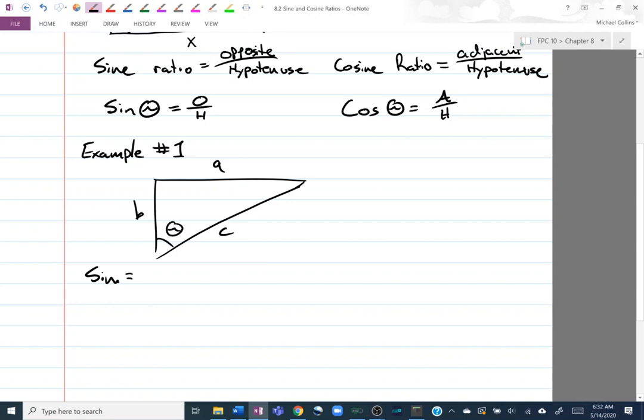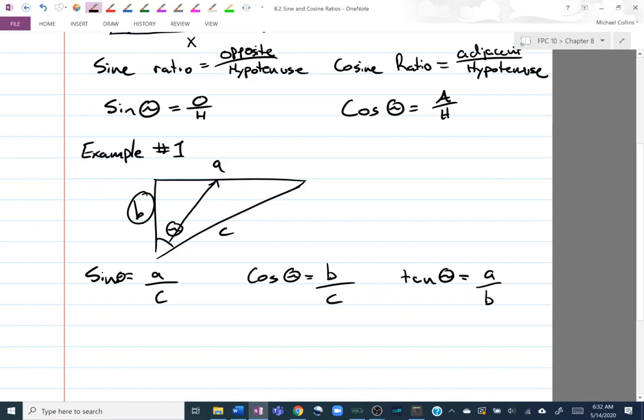My sine ratio would then be opposite over hypotenuse. I've got my theta there. My cosine ratio would be adjacent over hypotenuse, and my tangent ratio would be opposite over adjacent.